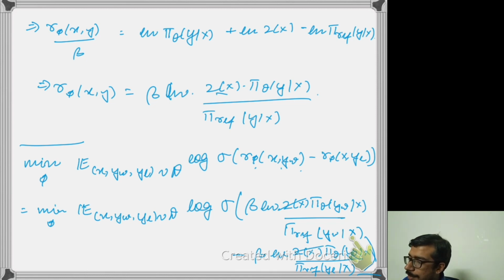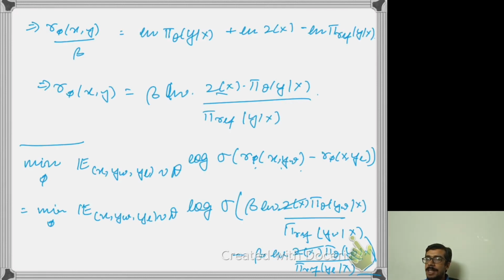And now if you see, this zx term will get cancelled because this is log of zx plus log of the remaining quantity. This is also log of zx plus log of the remaining quantity. So I can actually cancel away log zx. So even though I don't know the zx, for that I needed to know the reward, I can just cancel this away. And now when I'm minimizing it, essentially, I was minimizing over the parameters of reward, but now these parameters of reward have been directly expressed in terms of the policy.